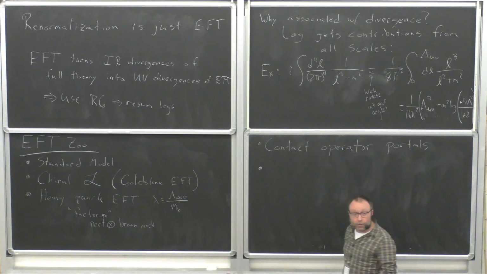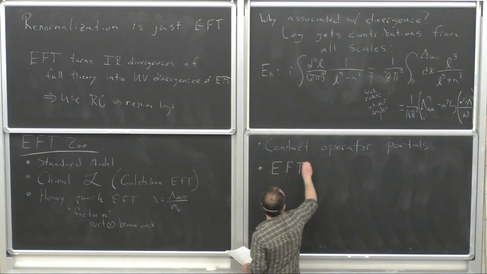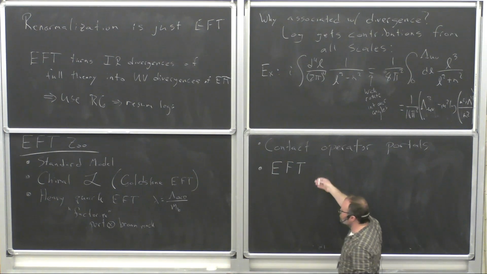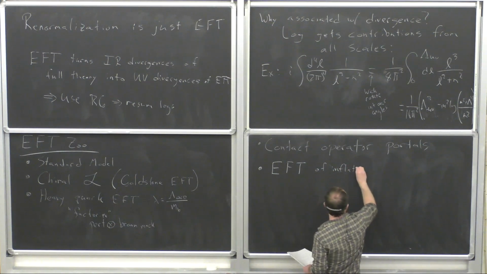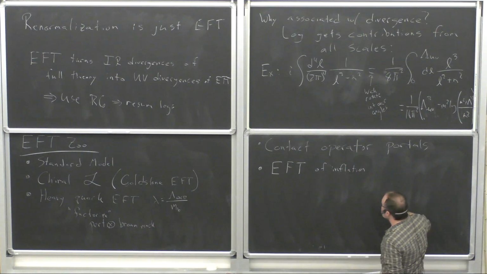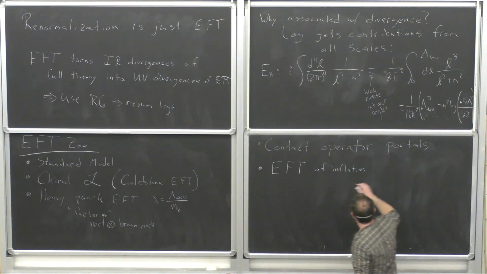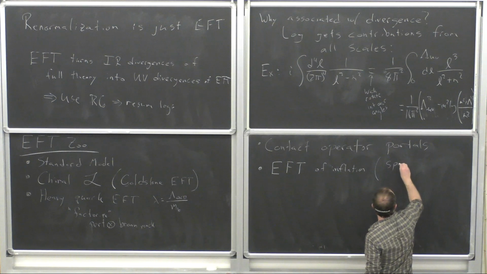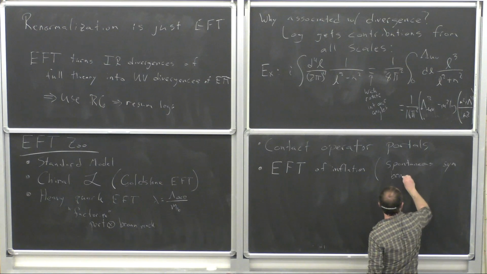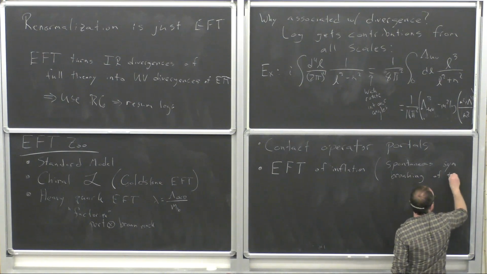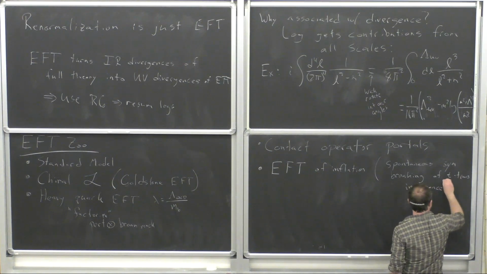Going beyond particle physics, there's a very important, absolutely incredible idea in my opinion, which is the EFT of inflation. Okay, and the idea here, it's very closely related to the chiral Lagrangian, okay? But here, there's a spontaneous symmetry breaking of time translation invariance, okay?